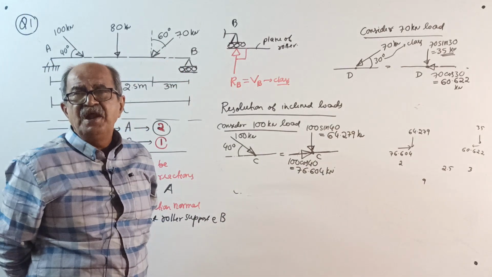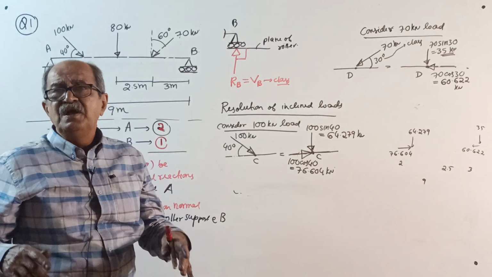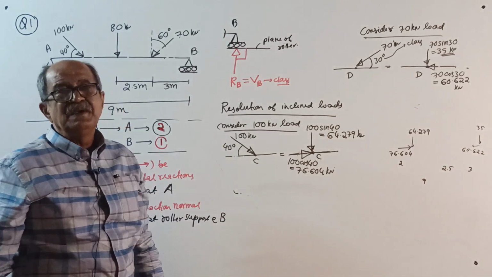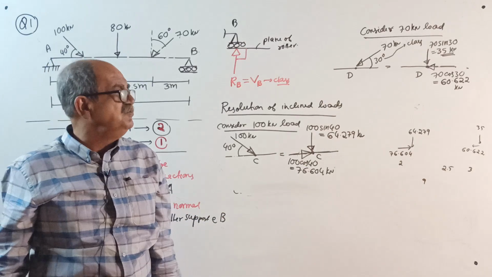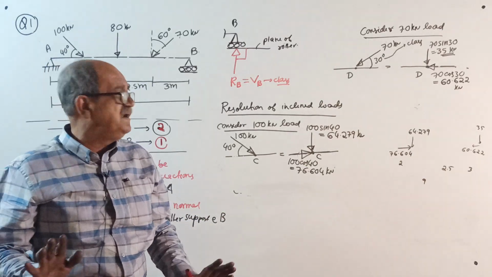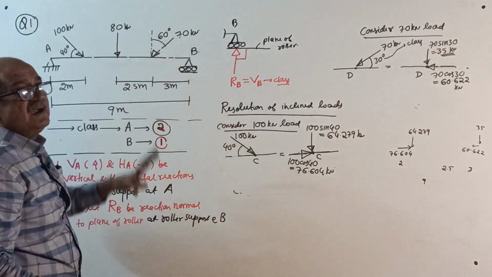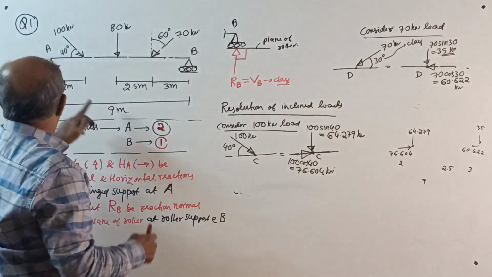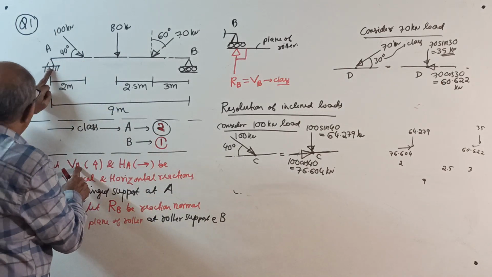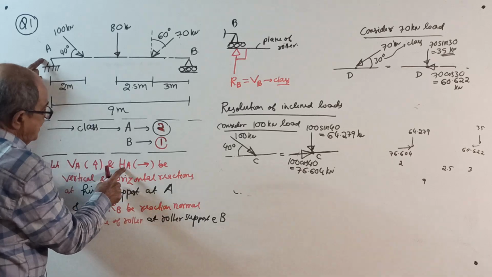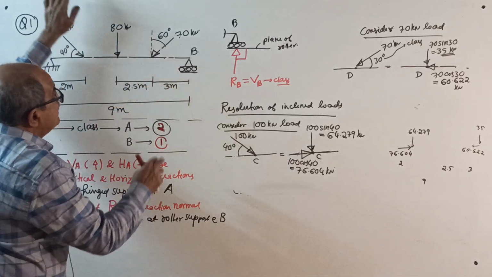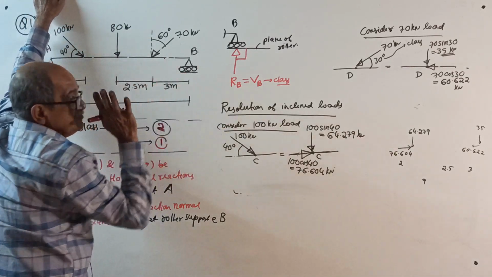In every problem, if you write these things, it will help you in the long run. Maybe some will think we all know this. If you know it, okay, but better write it. Now consider the reactions. Vertical reaction I will call VA, horizontal reaction I will call HA, and reaction at B I will call RB.